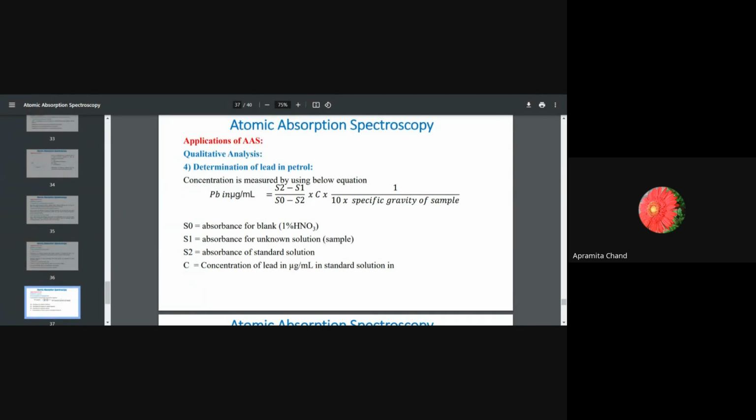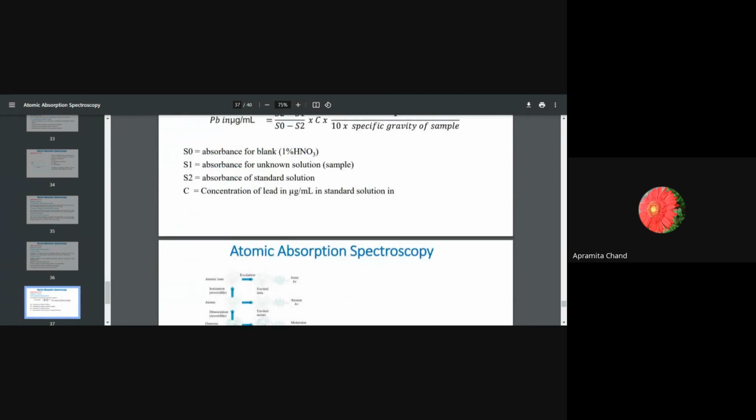Okay, I think you have already taken down this equation. So if you are asked a question regarding this, if you're asked to solve a numerical, I'm sure you will be able to do this.